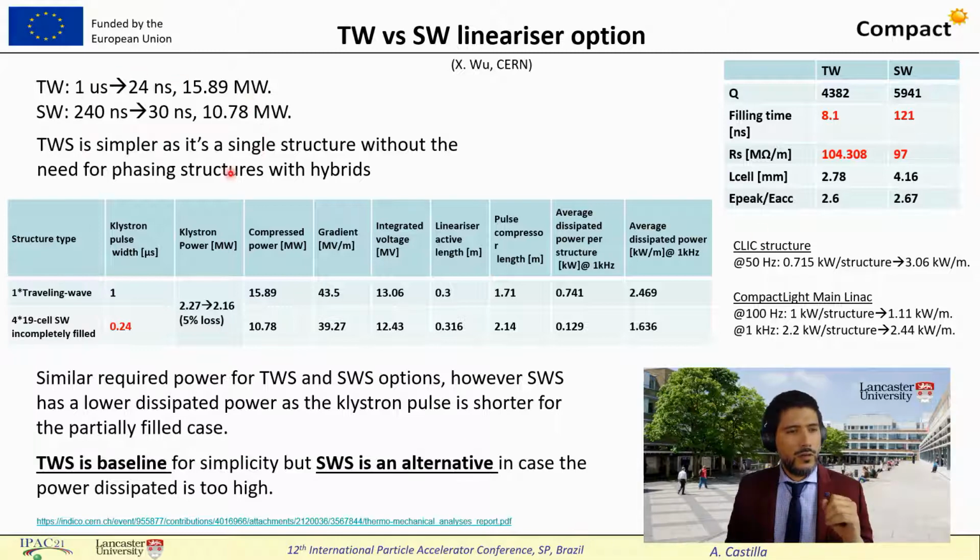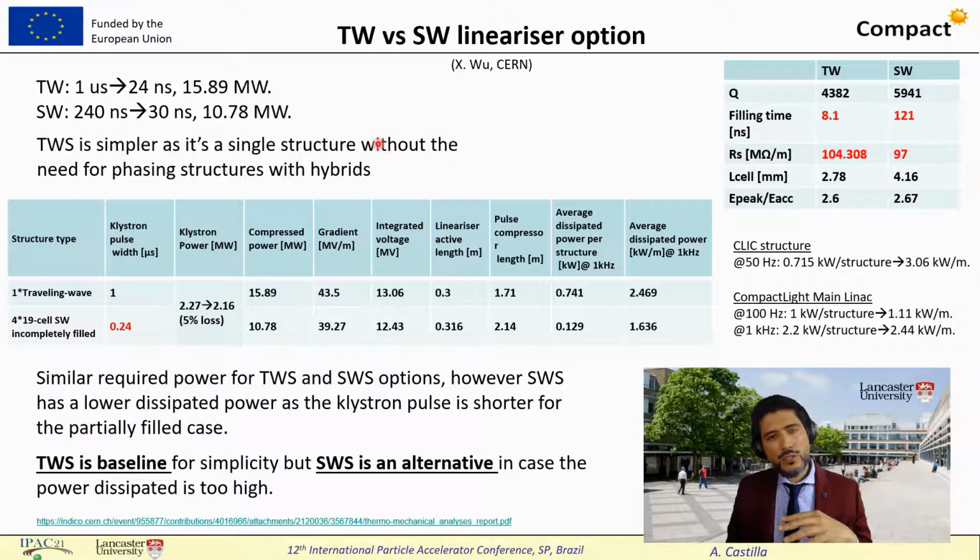But in our case we have, for the RF sources, 1 microsecond and a 24 nanosecond compressed pulse going to 15.89 megawatts for the traveling wave structure, while for the standing wave structure we need a 240 nanosecond pulse coming from the RF source compressed to 30 nanoseconds to get 10.78 megawatts to reach the target. So in this case, both options perform very well. Let's say they reach the needed.